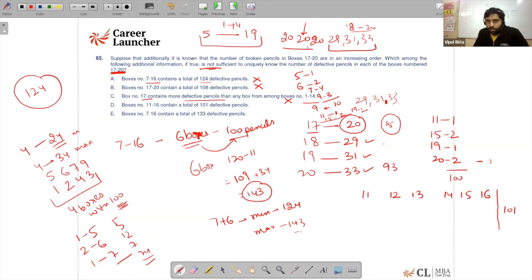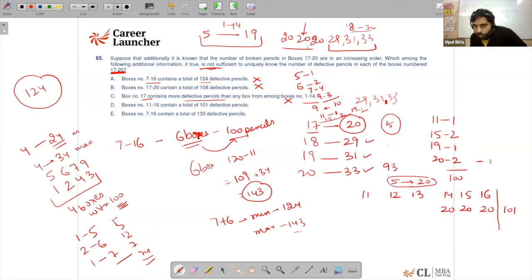Because I know 29, 31, 30 are already consumed for the last boxes. Now there is no order specifically mentioned, but the only thing I know is that the boxes total 100. The minimum broken pencil count is going to be 5 and the maximum is 20, in the range of 5 to 20. Let's say I give 20, 20 and 20, that makes it 60.